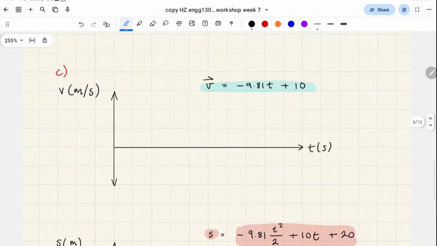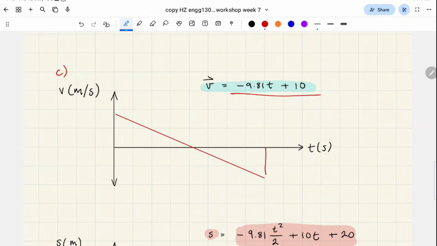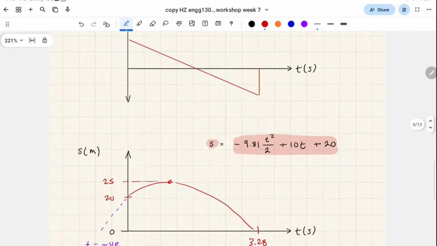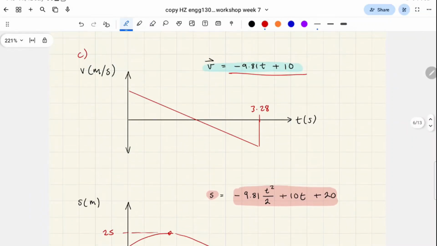Okay, let's also graph v, which is our speed, right? So v is a linear function here. And we care about v up until it hits the ground. We don't really care about how it bounces and all those kind of effects, right? So it hits the ground at 3.28 seconds, right? Oh, I didn't draw this very well.